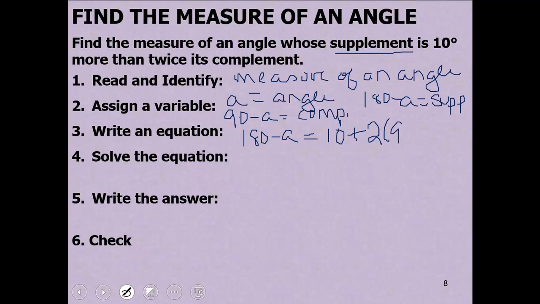Well, that's 90 minus A. Now, I'm going to work on solving this equation. I'm going to distribute first. So I have 180 minus A equals 10 plus 180 minus 2A.